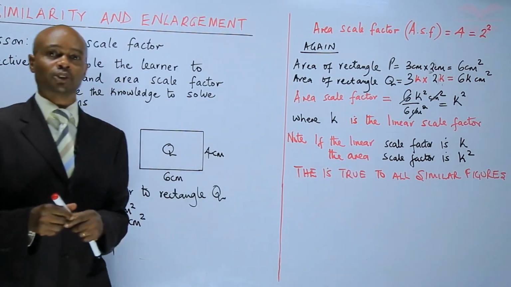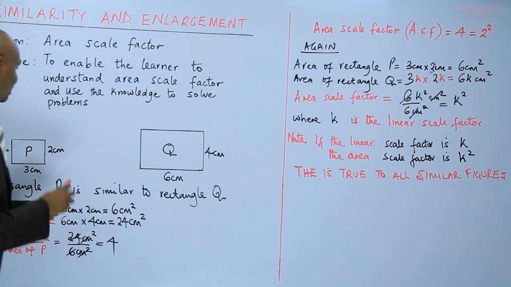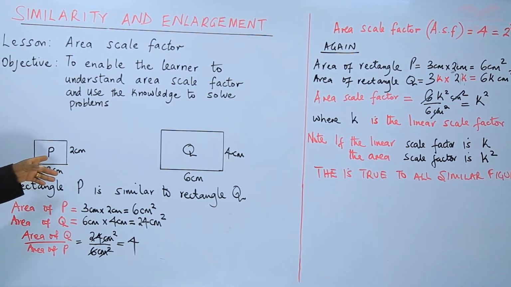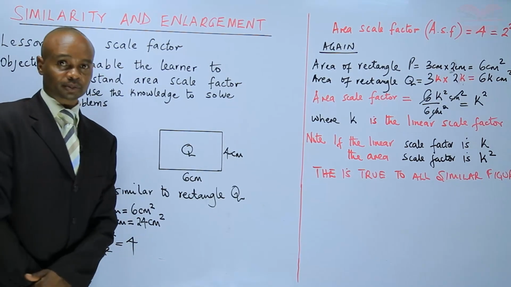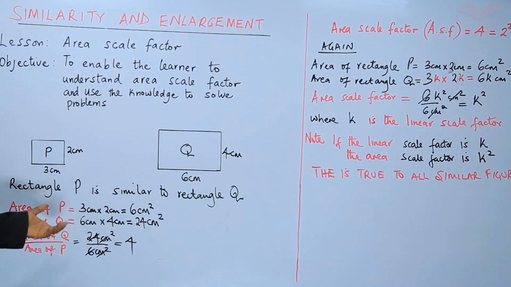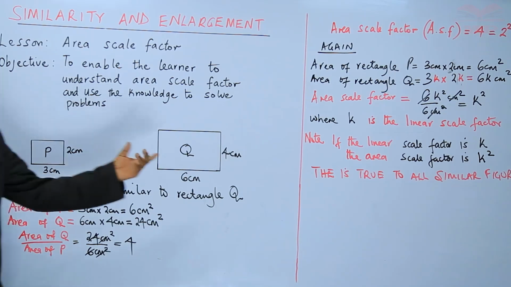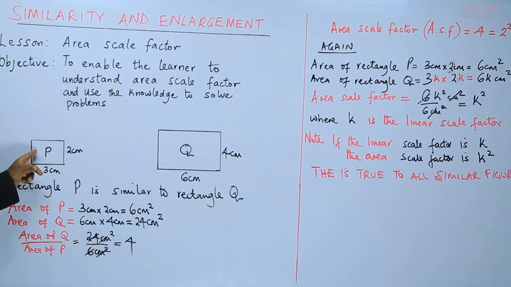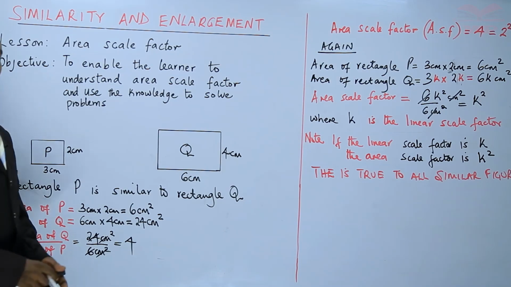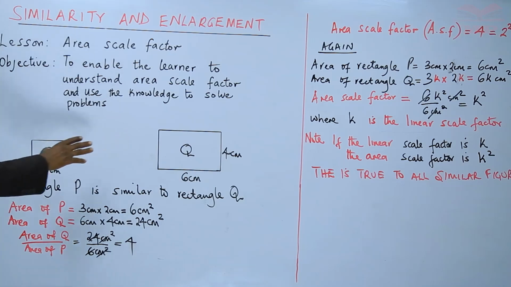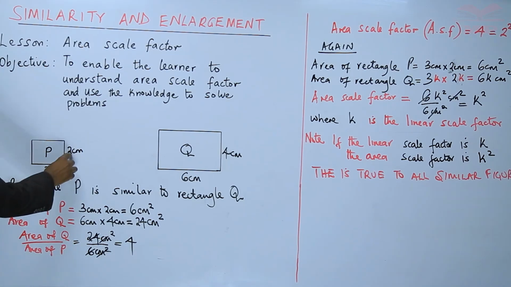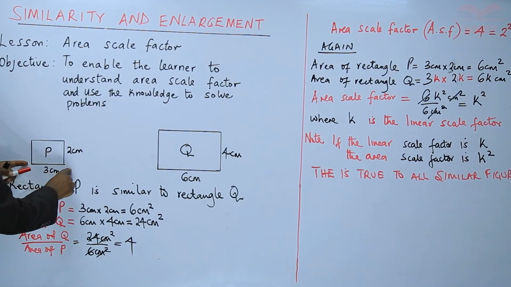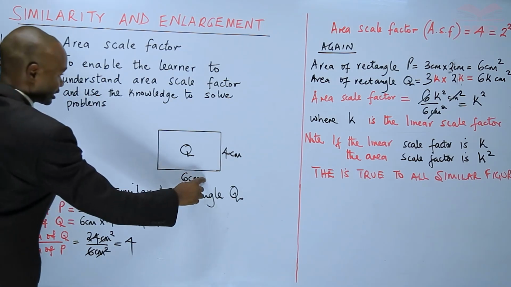It's always good to do a recap. We started with the two rectangles P and Q. The area scale factor is given by the area of this divided by the area of that. We worked it out using the units and got an area scale factor of 4. In the second explanation, I assumed K: you multiply this side by a linear factor to get that side.